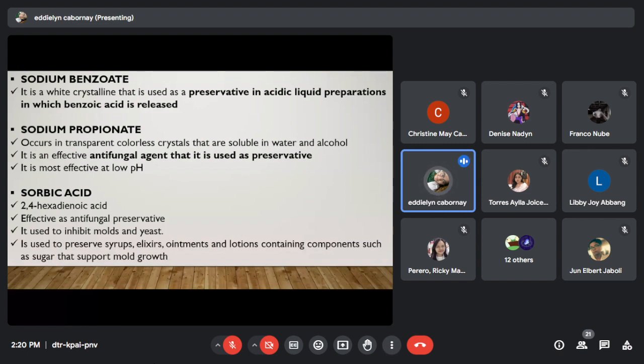It is used as a preservative in acidic liquid preparations in which benzoic acid is released. We also have sodium propionate, which is effective as an antifungal agent, and sorbic acid. It is also used as an antifungal and to inhibit molds and yeast.